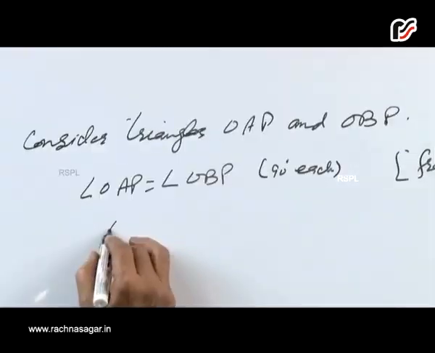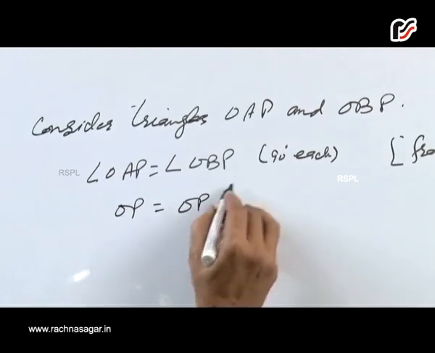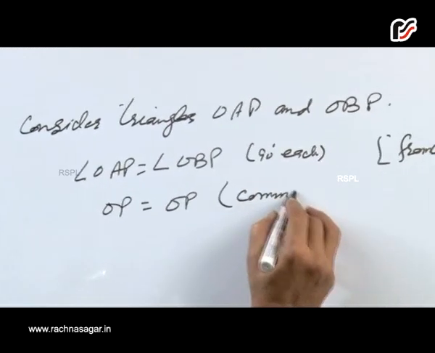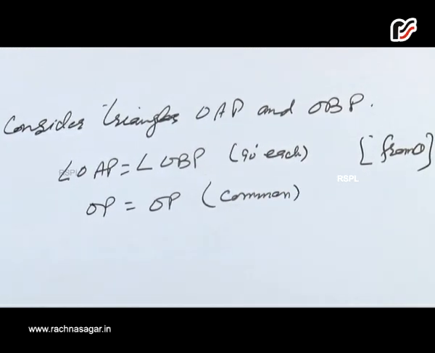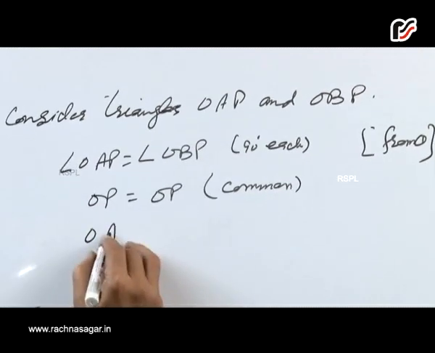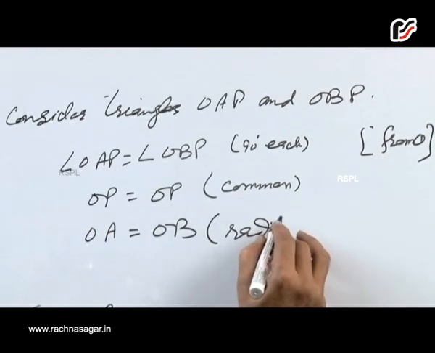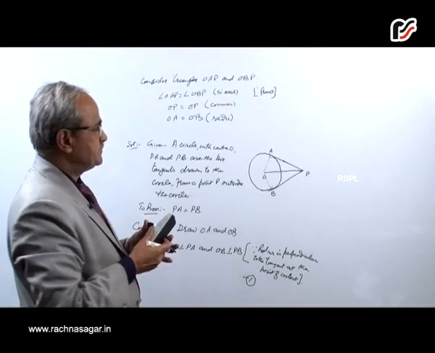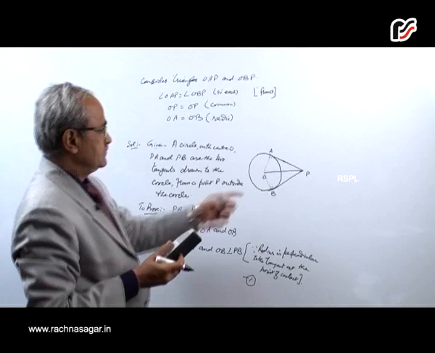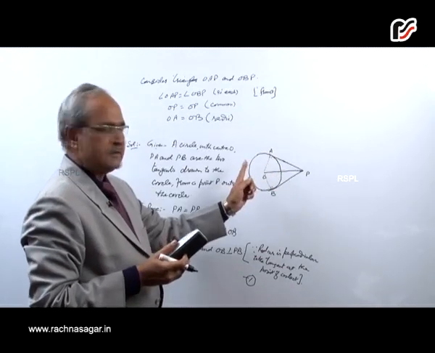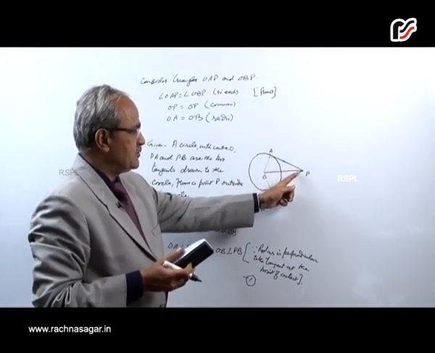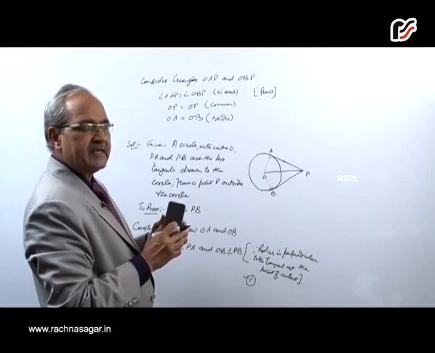OP equals OP, common, and OA equals OB, radii of the same circle. So the triangle is right angled, OP is the hypotenuse, and OA is one side.